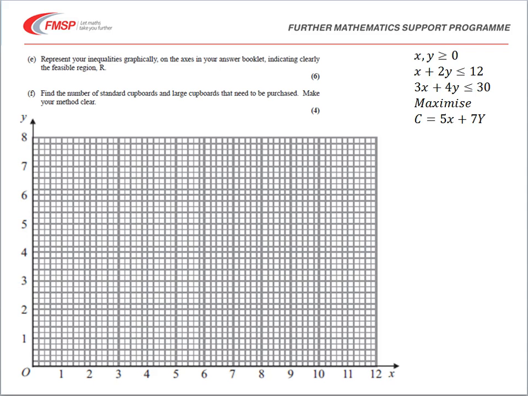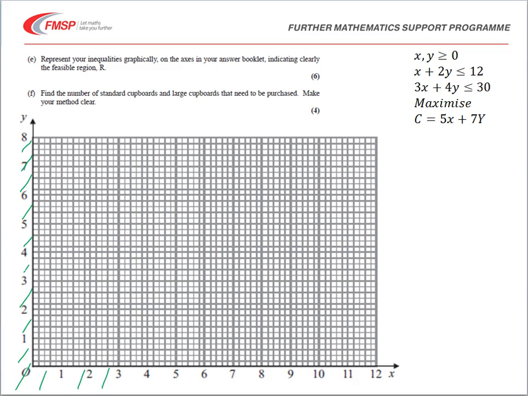In the next part of the question, we're asked to represent all the inequalities graphically on axes in the answer booklet. So we're given a graph to put these onto. I've also included what are called the non-negativity constraints, x and y greater than or equal to 0. So we'll simply carefully mark in the fact that we must have positive values, so we're going to get rid of the negative part of the graph from here.